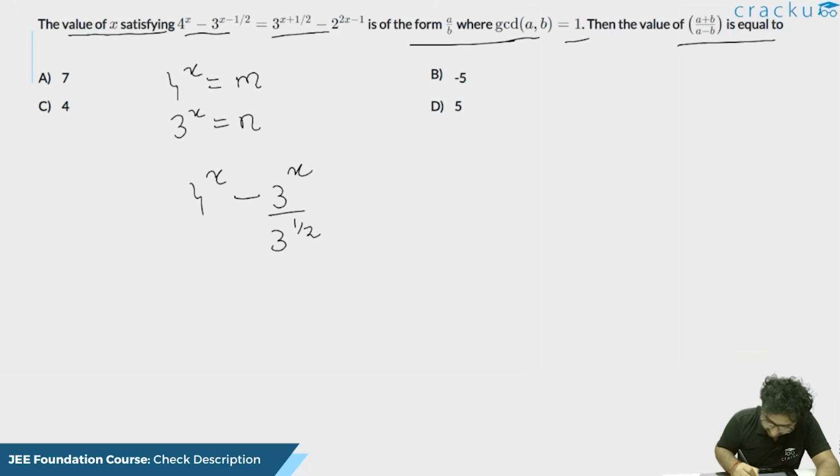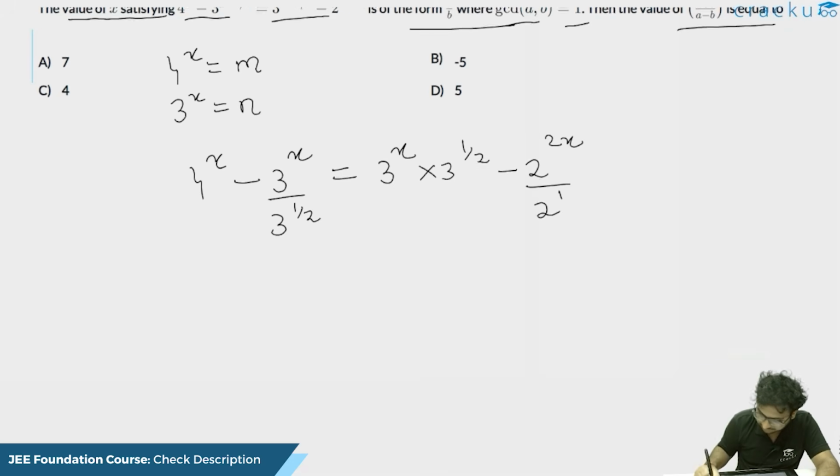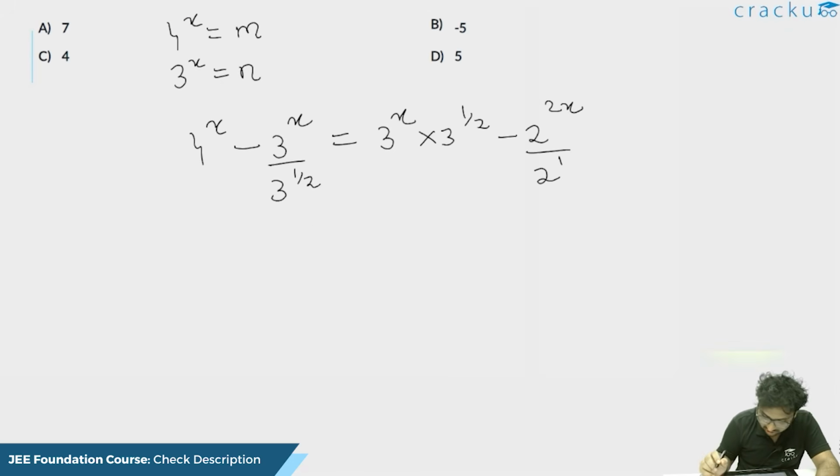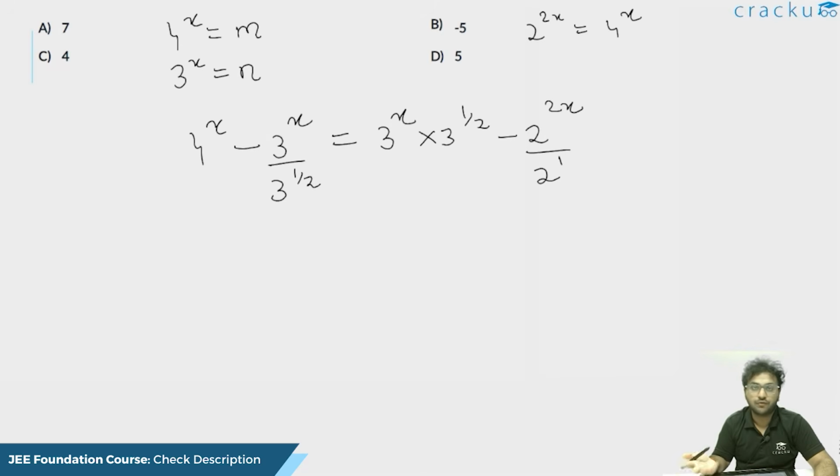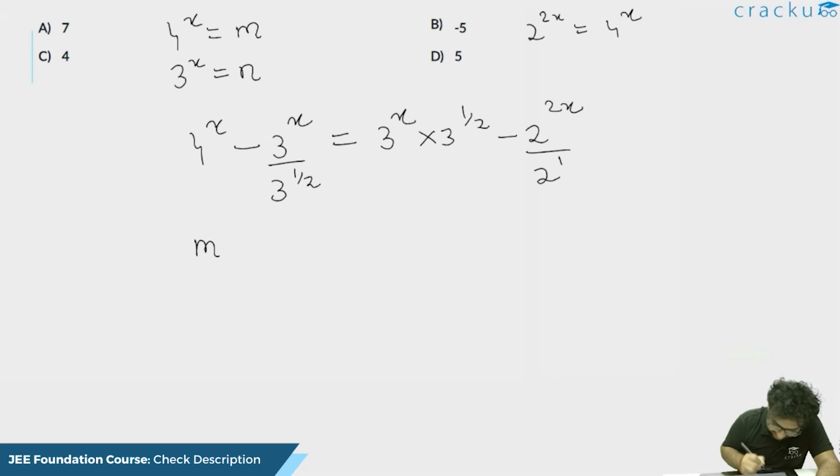This is equal to 3 to the power x into 3 to the power 1 by 2 minus 2 to the power 2x divided by 2 to the power 1. Now replace 4 to the power x as m and 3 to the power x as n. 2 to the power 2x is also written as 4 to the power x, because 2 square is 4. Now I have replaced 4 to the power x by m.